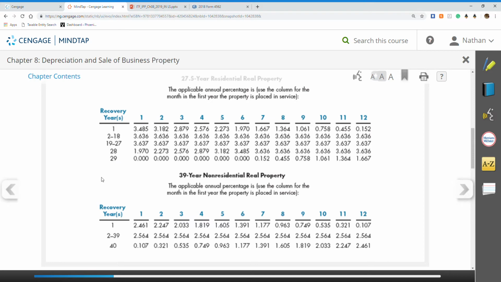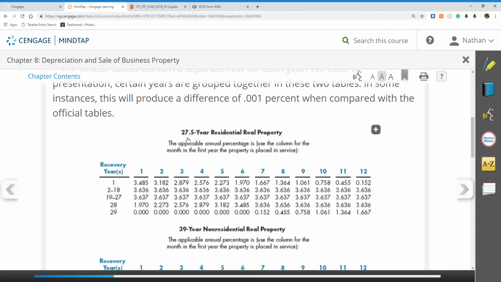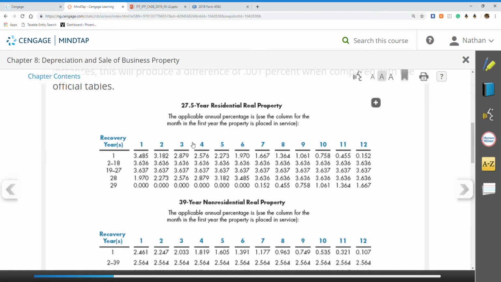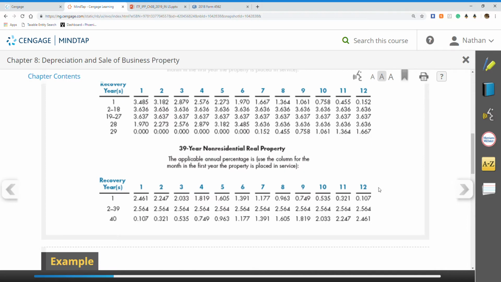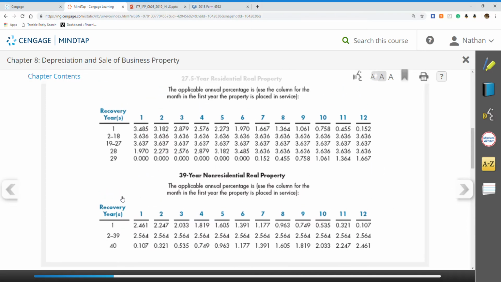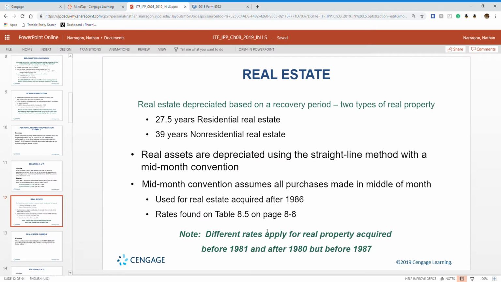That's for, again, residential, at 27.5 property, and then here is for 39. So again, check the month, then go by the year, and so forth and so on. That's really all we're doing with real estate. Again, it's just another table.